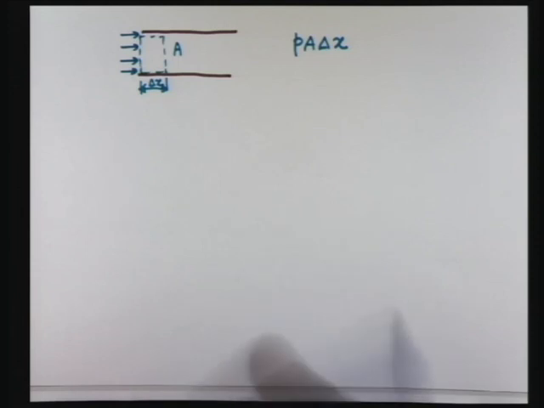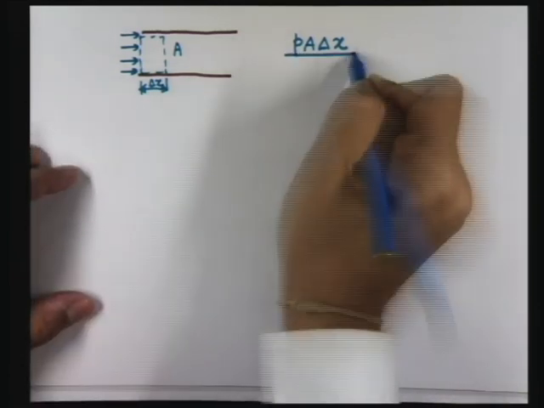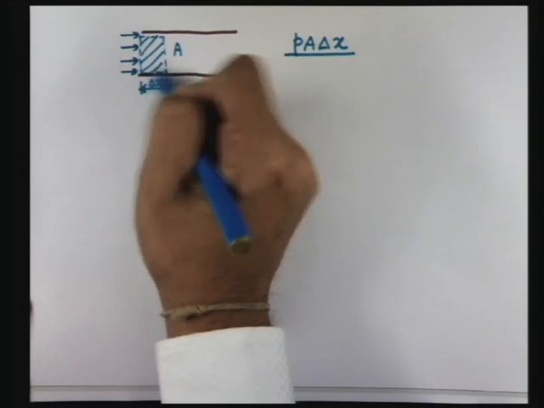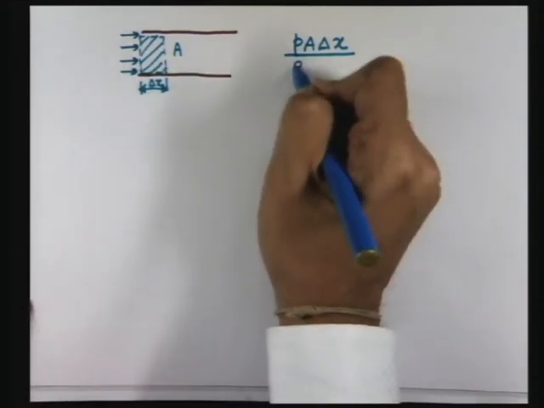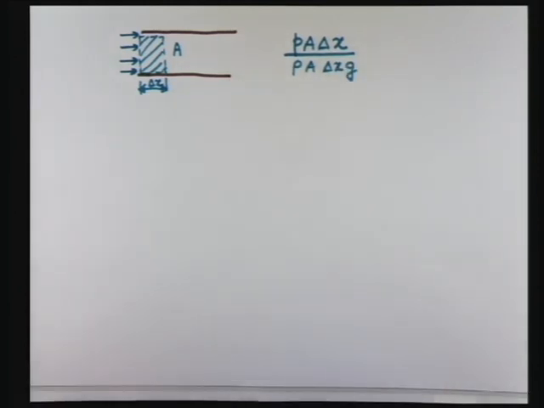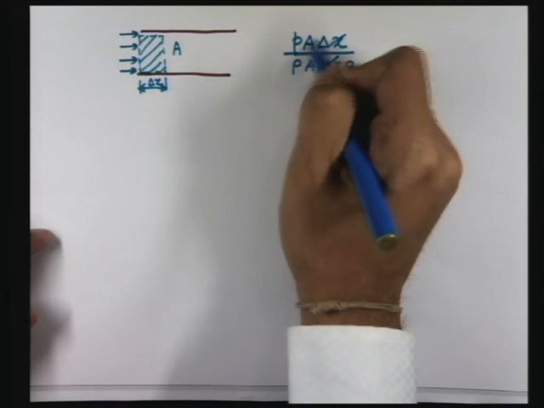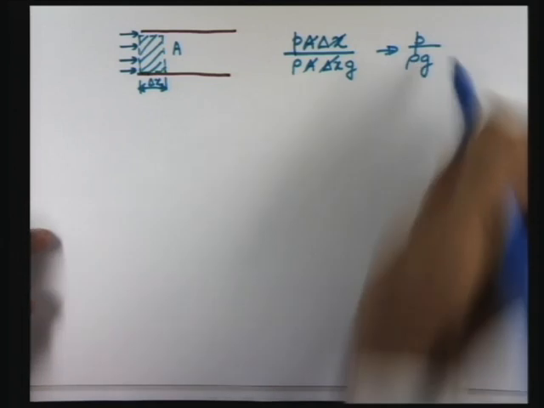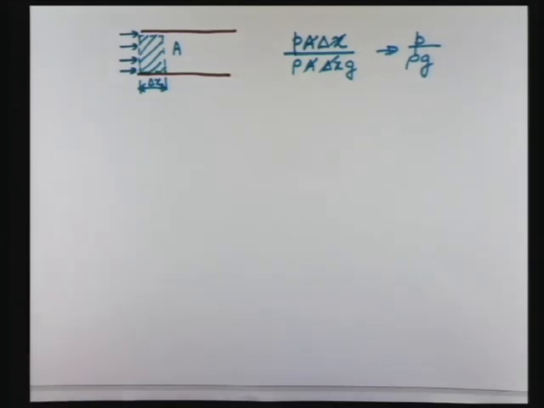This much energy the fluid must have to sustain the flow in presence of pressure. Per unit weight, what is the weight of this fluid in this region? Rho A delta x into g, right? So you can cancel delta x and A, and this becomes P by rho g, which is the so called pressure energy term in the Bernoulli's equation.